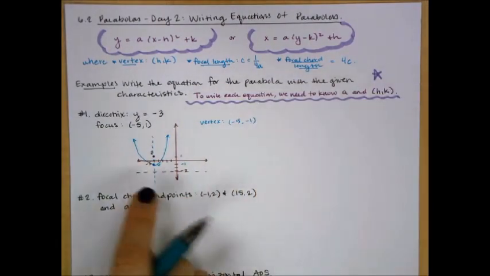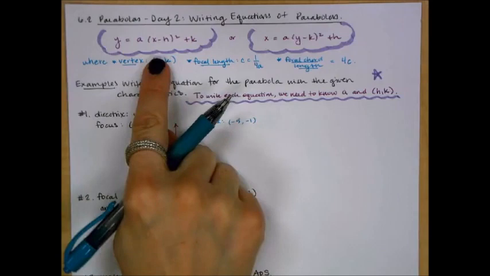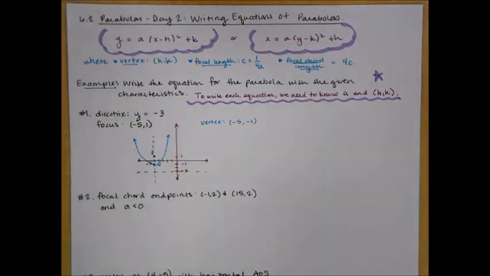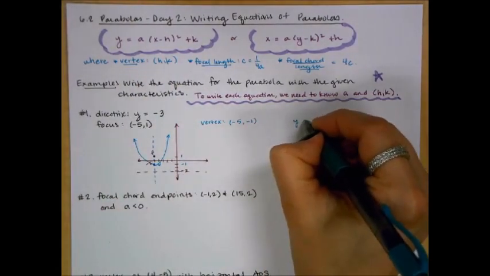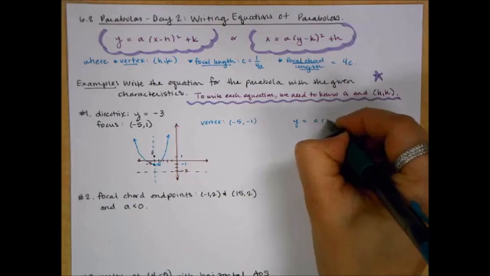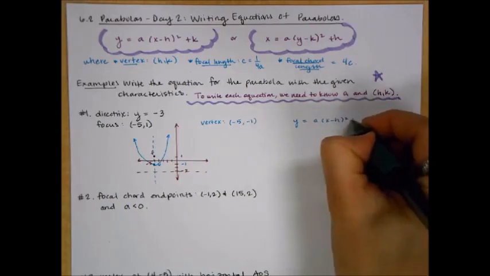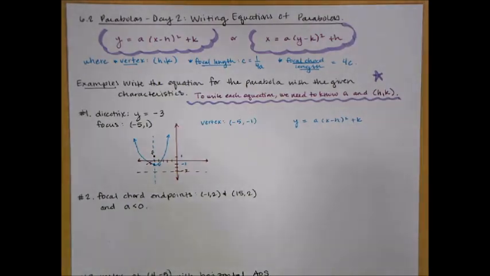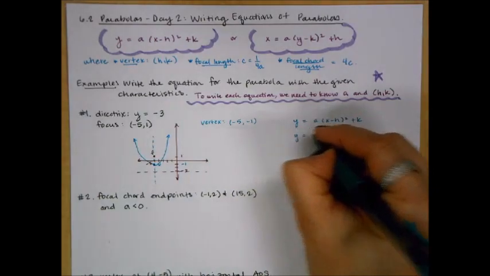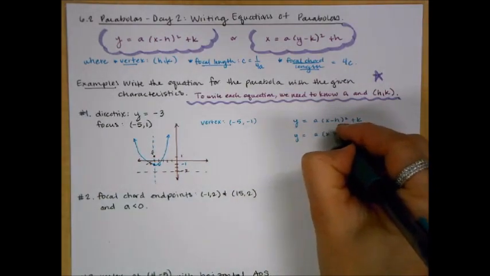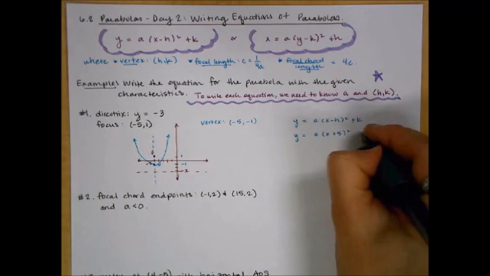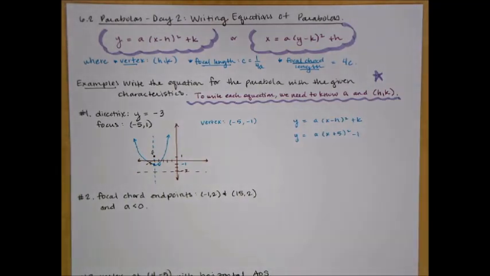It's opening up, so I need the y equals a x squared parabola, so I'll be using that equation here. So far I can plug in the vertex: y is equal to a, x plus 5 squared, minus 1. I only need to find the value of a.